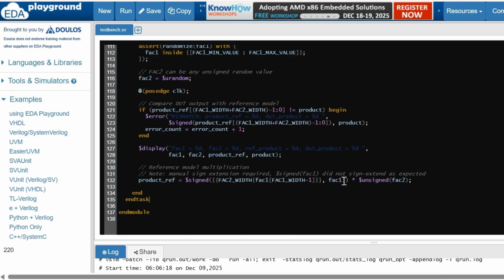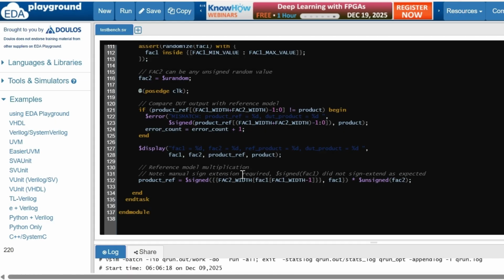So this is an important concept. We have to sign extend our factor 1 to the full width of product ref before multiplying it with the unsigned factor 2 value. This is how we have to multiply both factor 1 and factor 2.